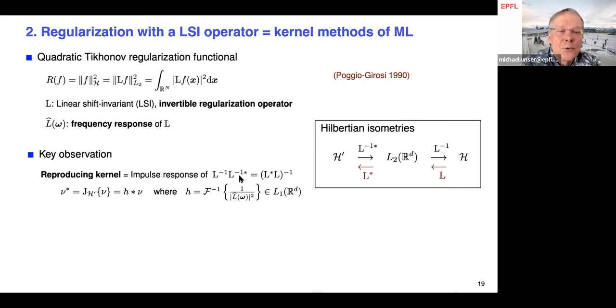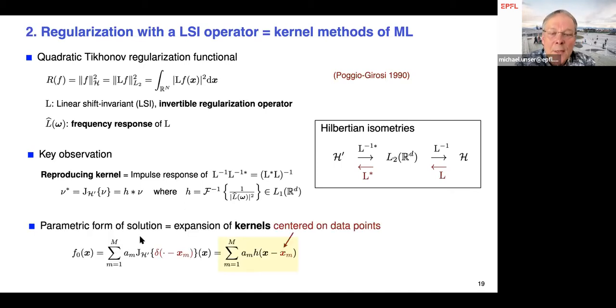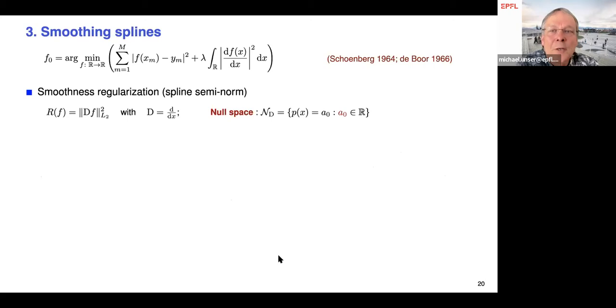And since those are convolution operators, you can represent them in the Fourier domain, and you can get the impulse response of this operator by inverse Fourier transformation. And this is what you get here. Then if you put that into the theorem, you get this linear combination of shifted kernels on the data points. So that's very, very classical machine learning.